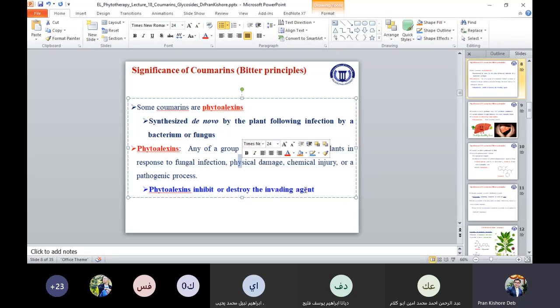The first phytoalexin which was discovered in the pea plant, what was the name? Maybe it's the soybean, doctor. No, the pea plant, in the pea plant.